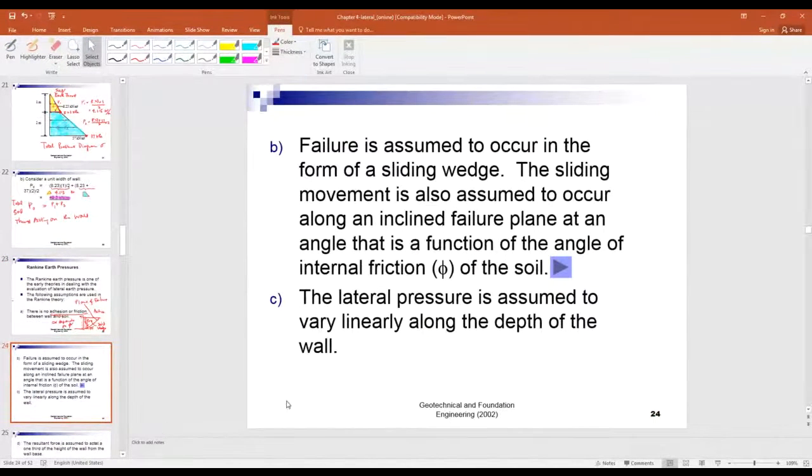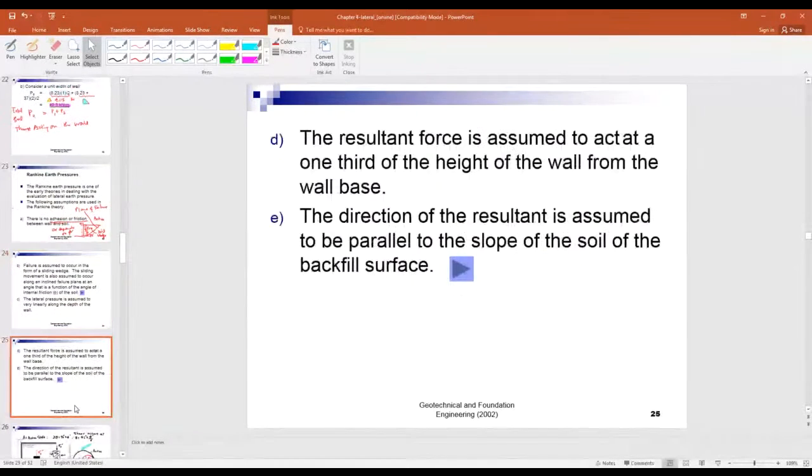And again, the lateral earth pressure is assumed to vary linearly, in proportion to the depth of the wall. In other words, you have the soil pressure diagram in the form of a triangle, right? And also the resultant force, the soil thrust, is assumed to act at 1/3 of the height of the wall.